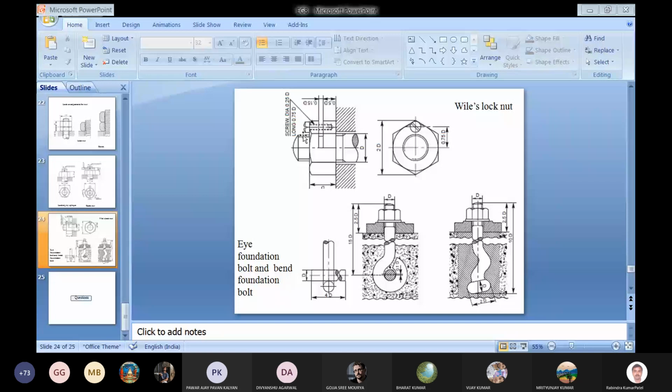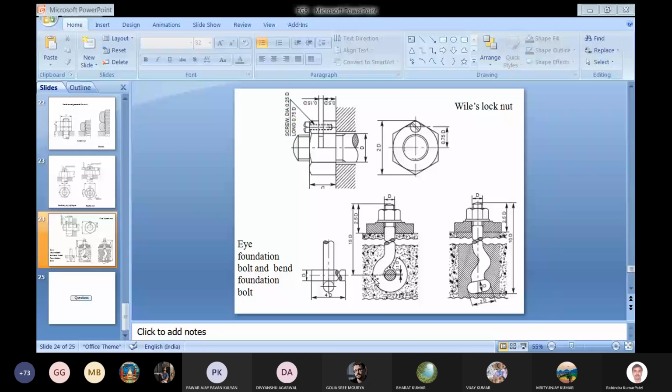There are a few more things, like the foundation bolt. Foundation bolts are used to fix the machine onto a rigid base, and they are made with the help of this bolt and concrete, or other materials can also be used. Different shapes of bolts are there.